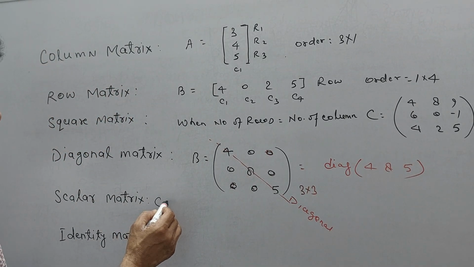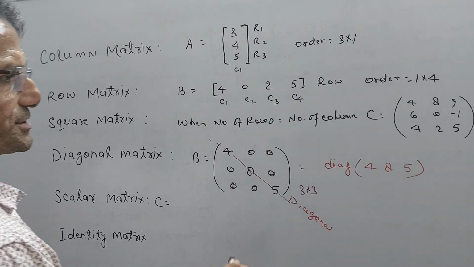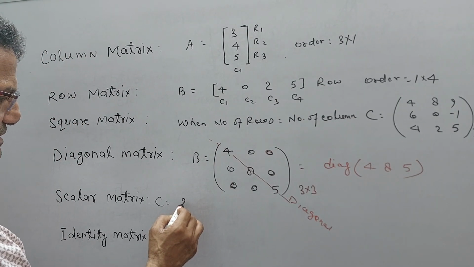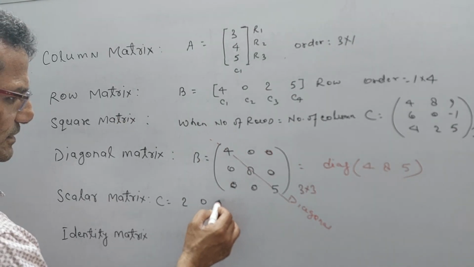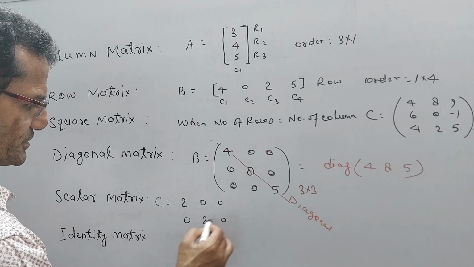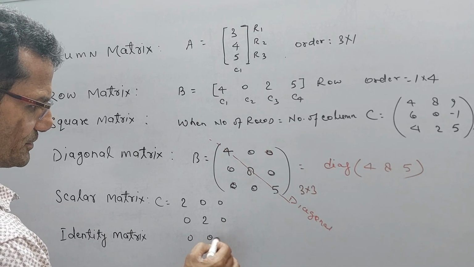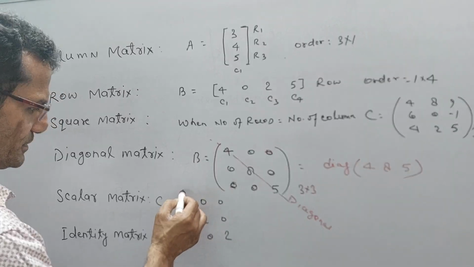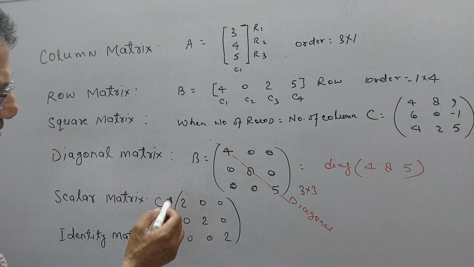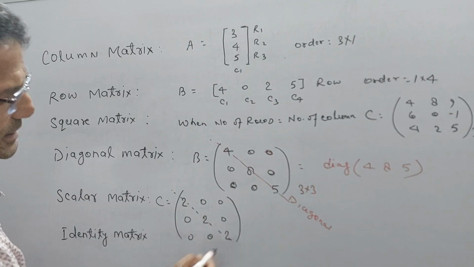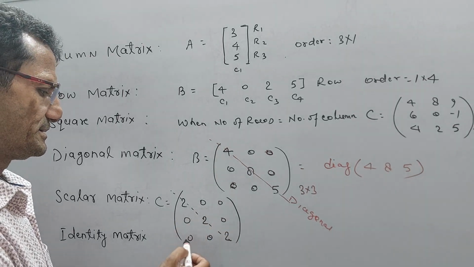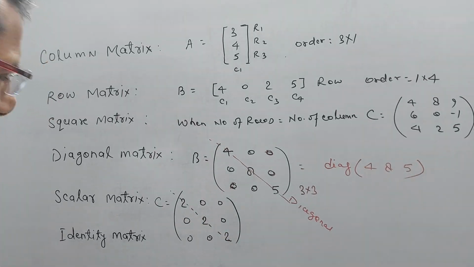Now let us write a 3 cross 3 order matrix with all diagonal entries, suppose 2, all non-zero, and the rest are 0. So this is a scalar matrix. In a scalar matrix, all the diagonal entries are the same, and the non-diagonal elements are 0.